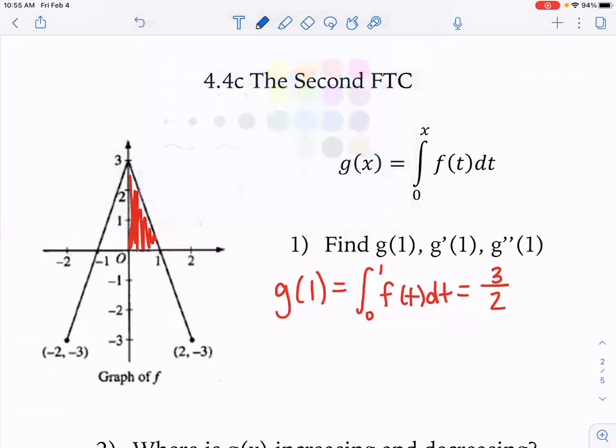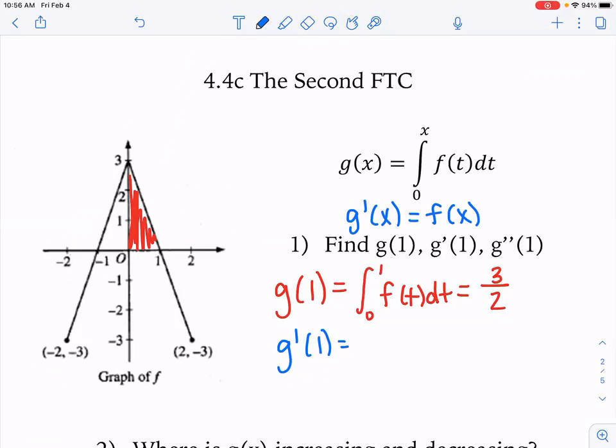Now, let's talk about g prime of 1. Okay. Well, if I take the derivative of g, what is that going to be? f of x. Oh my goodness. Guys, this graph of f is the derivative of g. So this is g's derivative graph.